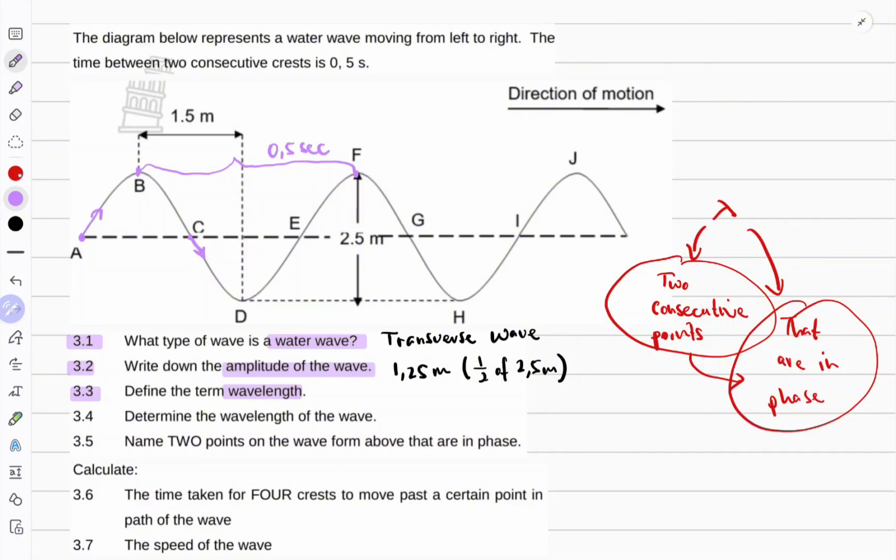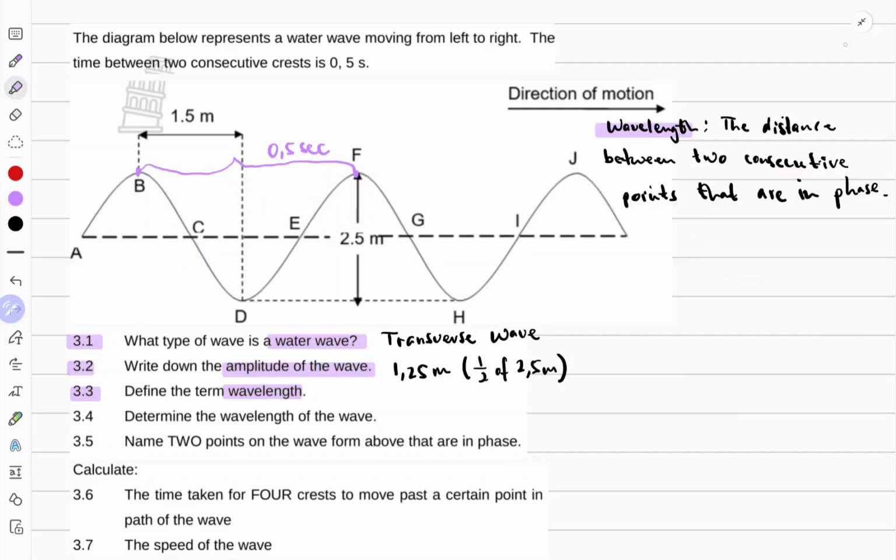So C is not in phase with A, but if you consider E, you can see that A and E are both on the equilibrium. A leads to an upward disturbance, and E also leads to an upward disturbance. So the wavelength is the total length between two consecutive points that are in phase.